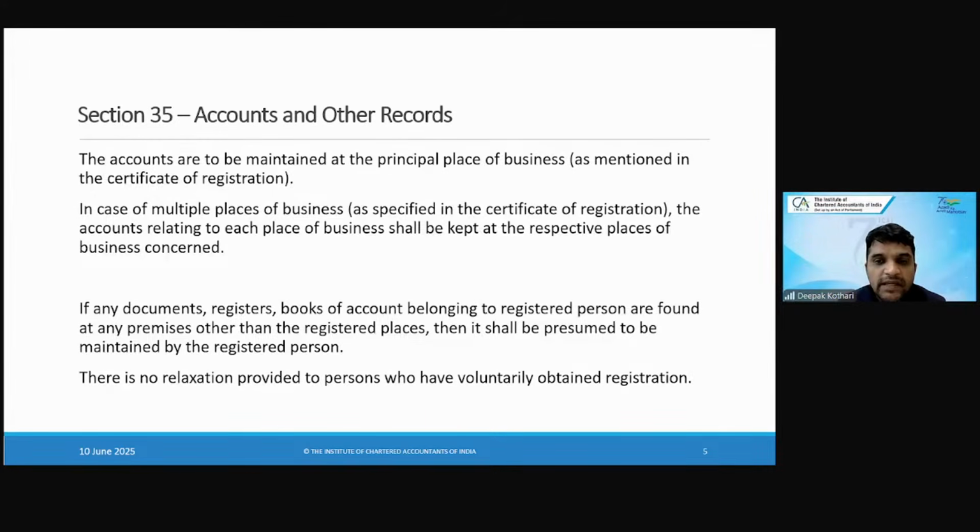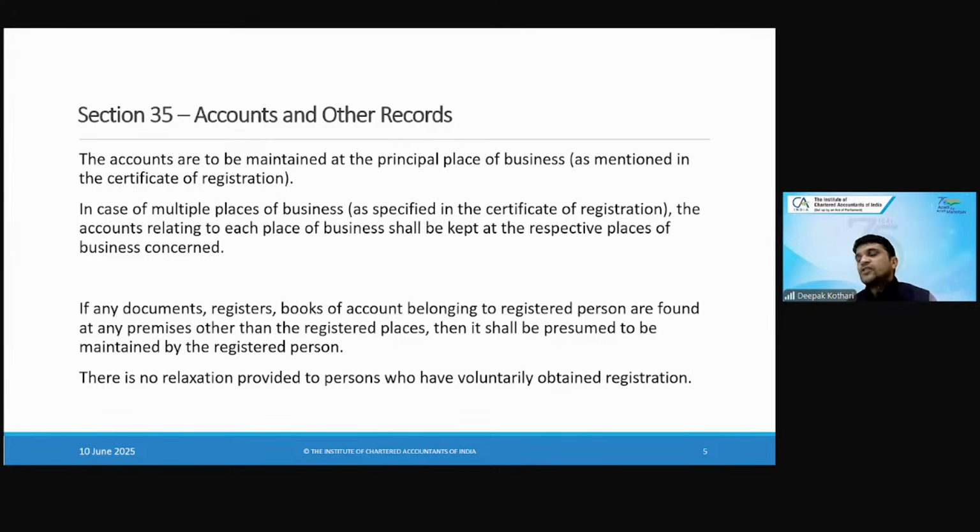So where will books of accounts related to a fixed establishment be maintained? Every fixed establishment is different. If you are treating the fixed establishment as a branch, then the transactions of that branch have to be maintained there. But if you are not treating it as a branch, and you have taken one registration for all the 10 branches, then you will have to maintain for the additional place of business there itself.